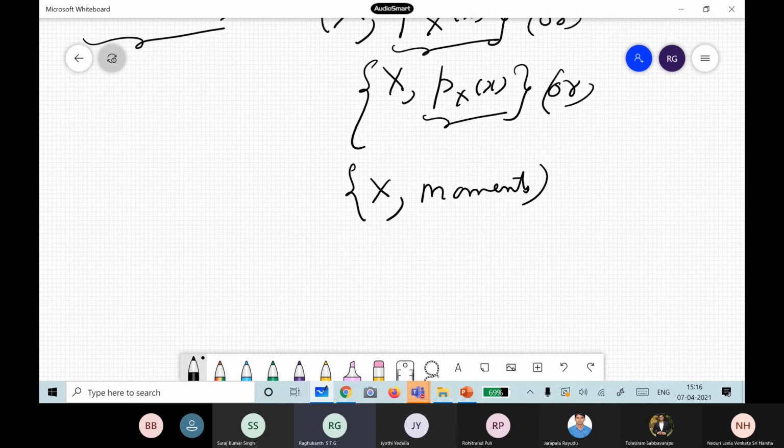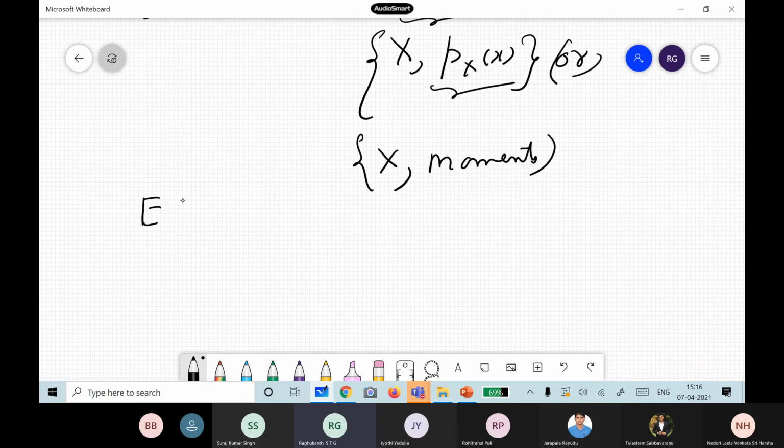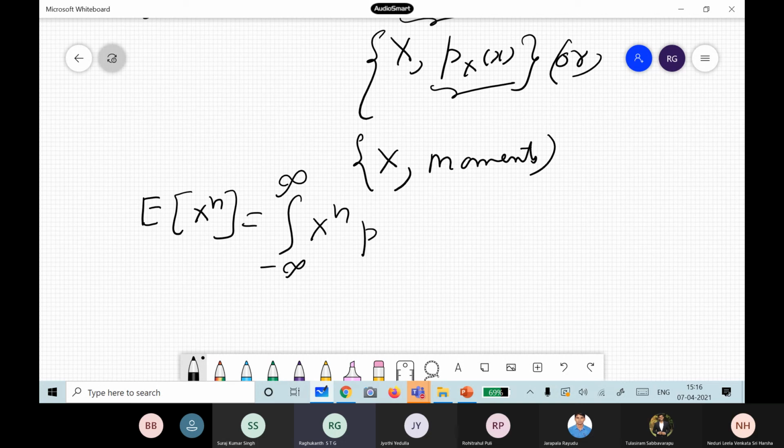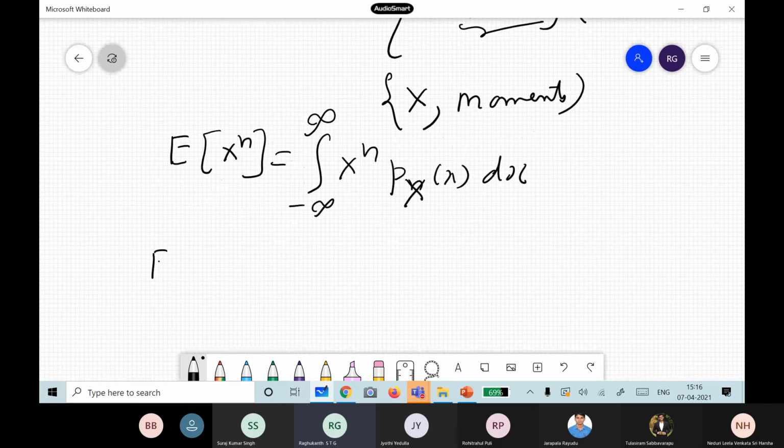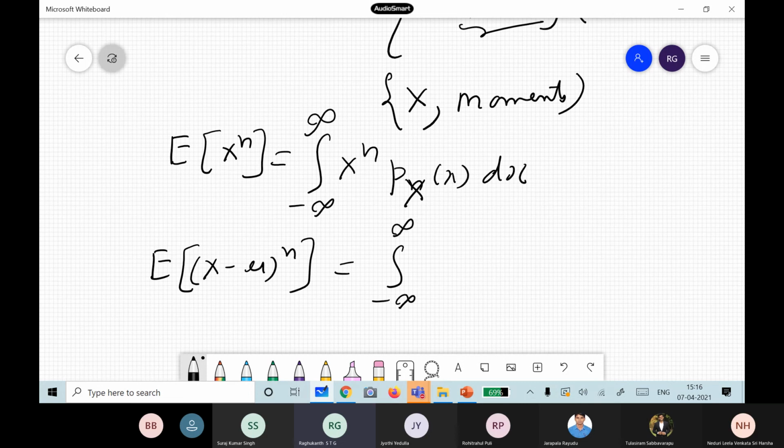They are nothing but expectation operators: the integral of x to the power n times p_X(x) dx. These are the moments. Central moments we also define. Moments we also try to write like this.